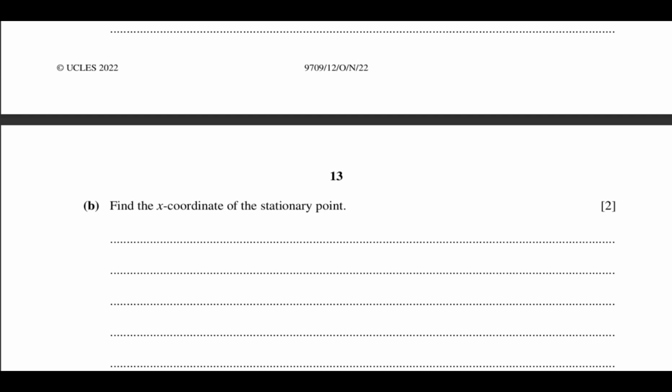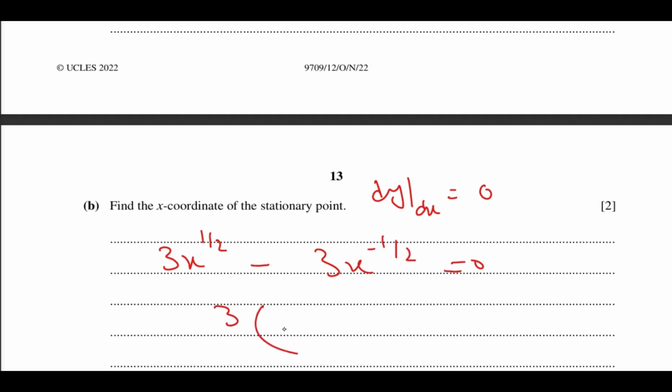Find the x coordinate of the stationary point. For a stationary point we all should know that dy by dx, the first differential, is always equal to 0. So 3x to the power half minus 3x to the power minus half equals 0. We take 3 common, so the first differential is 3 times x to the power half minus x to the power minus half, and 3 cannot be equal to 0, so we will say that x to the power half minus 1 over x to the power half equals 0.